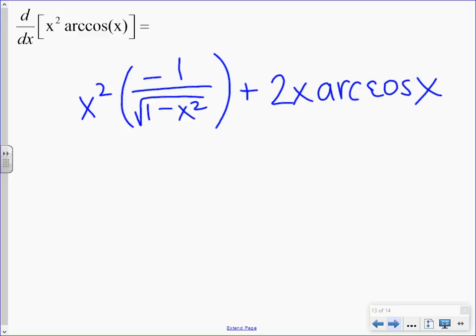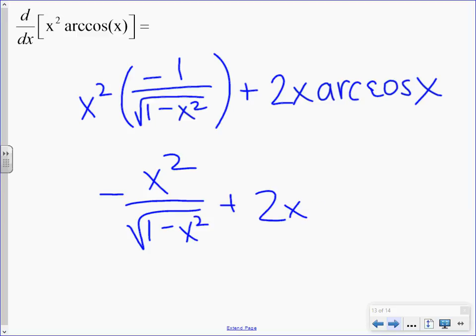If you have these two flip-flopped, commutative property, it means the same thing. Abram Cole looks like you had a question. No, we got that. Okay. So I would probably rewrite this as -x squared over radical 1 minus x squared plus 2x arc cosine x. And that's it.